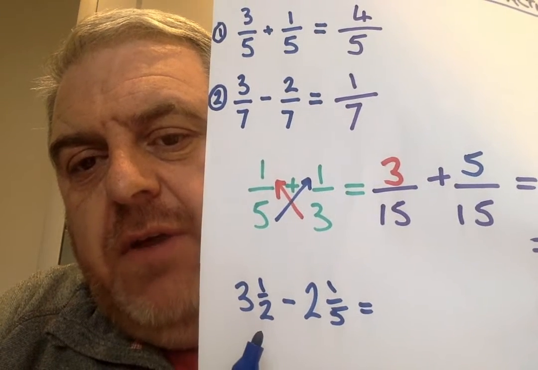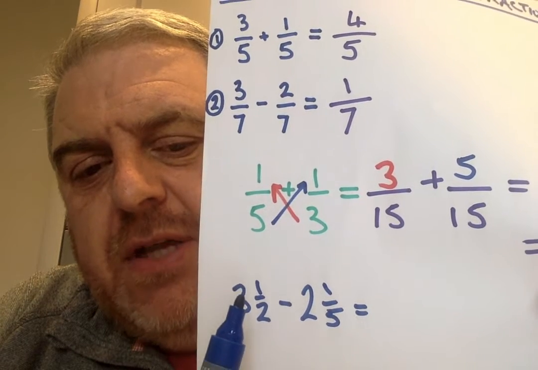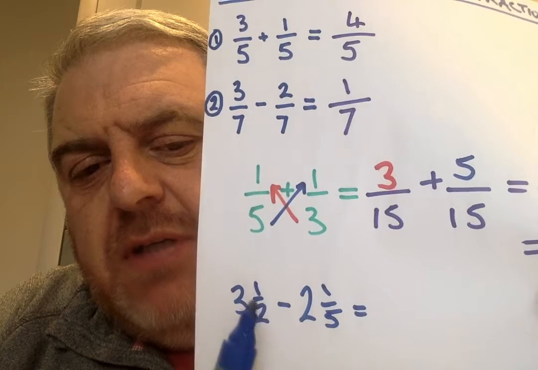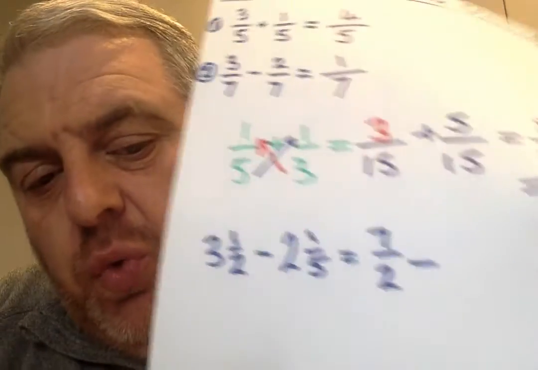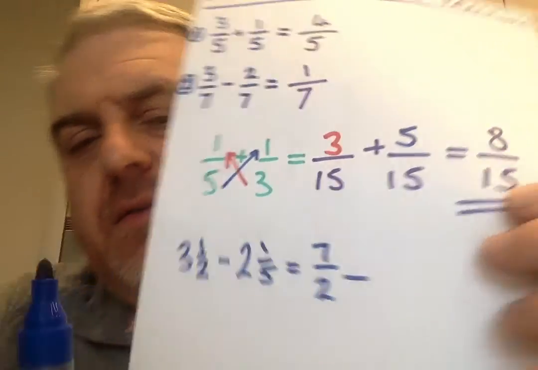So the first thing I'm going to do is convert them into what we call improper fractions. That's 3 times 2 is 6, add 1 is 7 over 2. And then 2 times by 5 is 10, add 1 is 11. So it's minus 11 over 5.